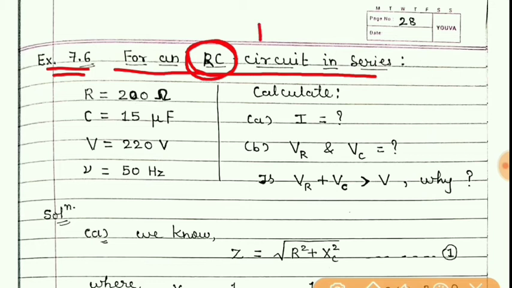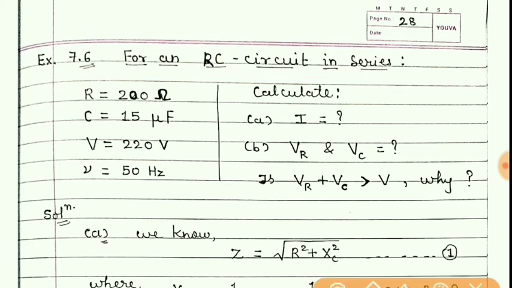There is no inductor connected to the circuit. Value of resistor is 200 ohm. Value of capacitor is given 15 microfarad and RMS value of voltage is 220 volt. Frequency of AC is 50 Hz.